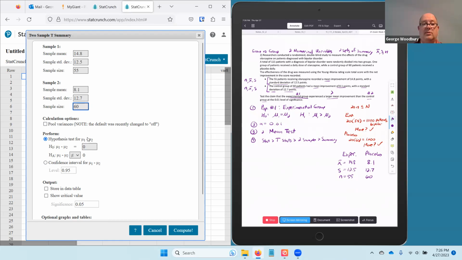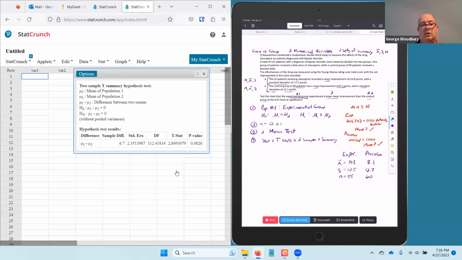Don't check the box. Don't change the 0. The only thing we have to do is get to the right sign for HA, which is greater than. Click compute. And we get T equals 2.85, rounded to 2 places. That's a p-value of 0.0026.